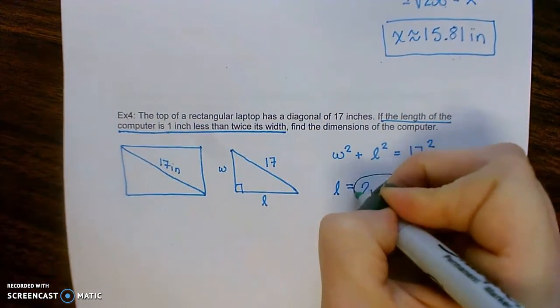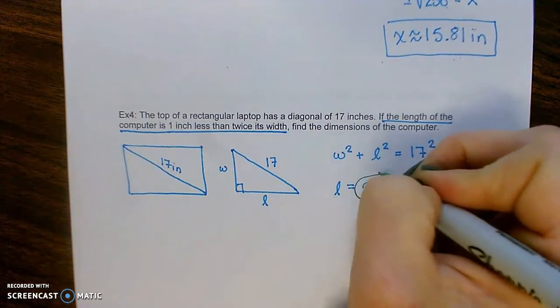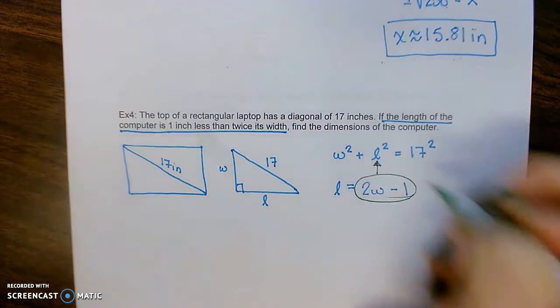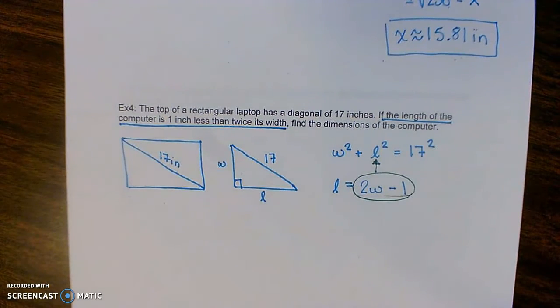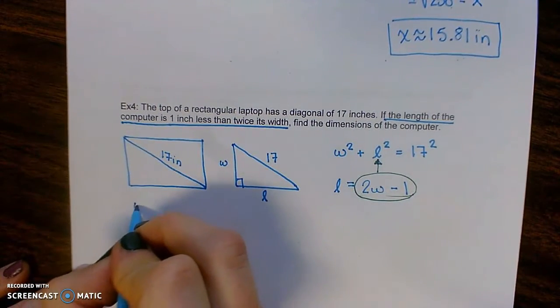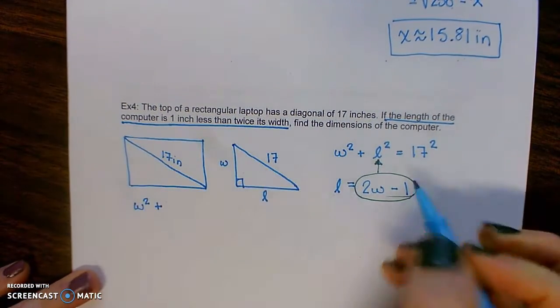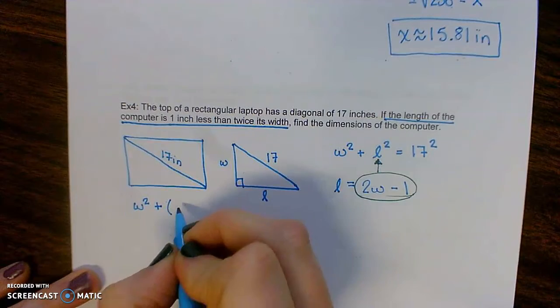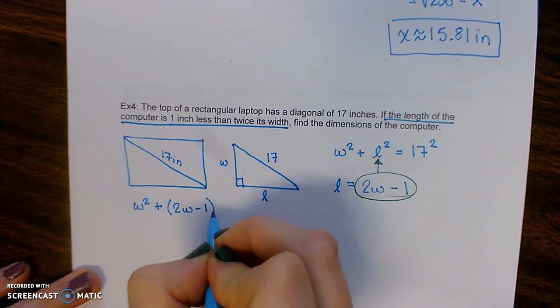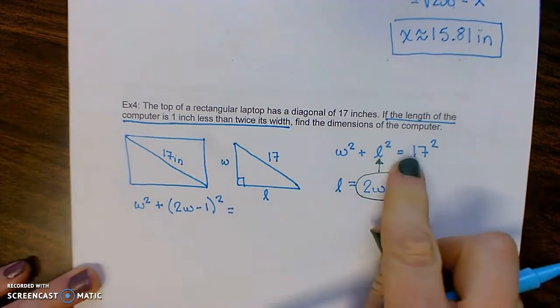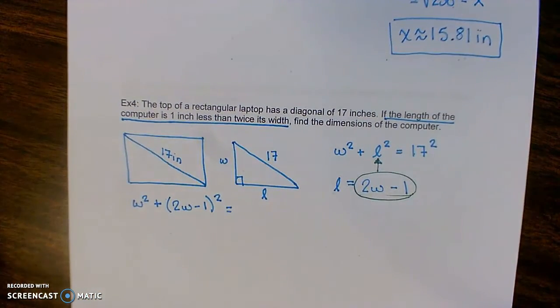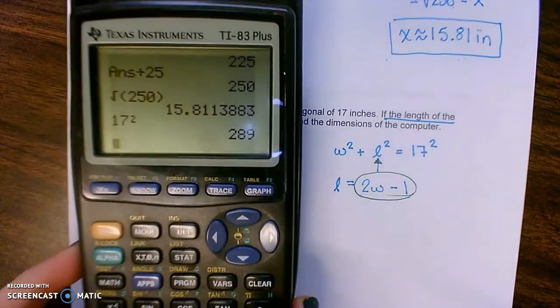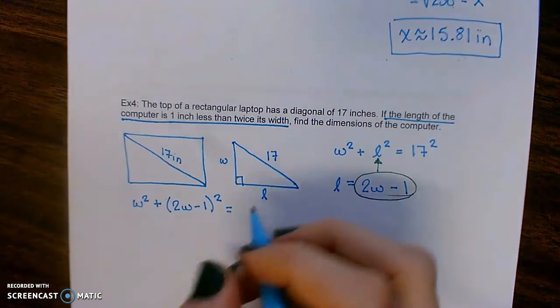I'm going to replace L in the Pythagorean theorem with 2W minus 1. So now let me rewrite what I've got: W squared plus, instead of L squared, (2W minus 1) squared, is equal to 17 squared, which is 289.